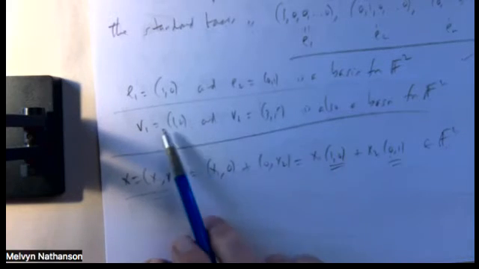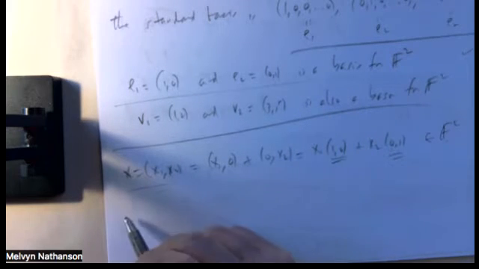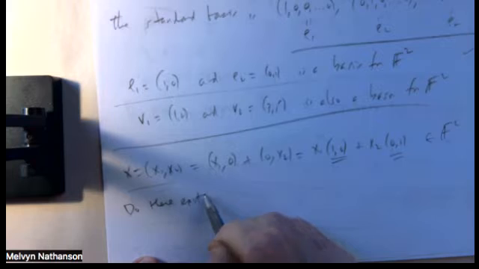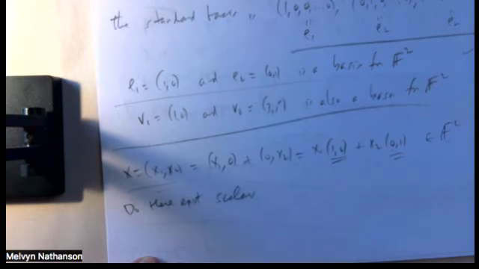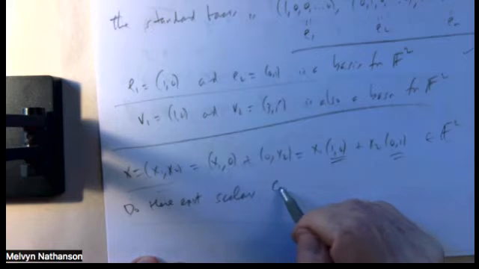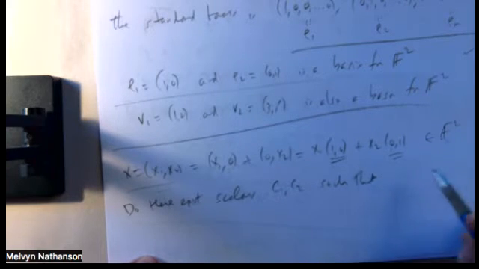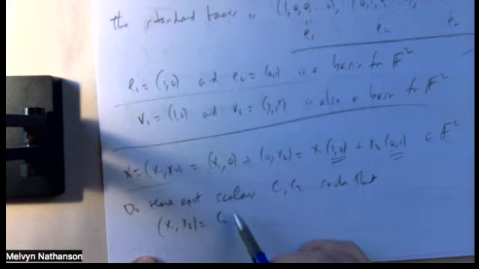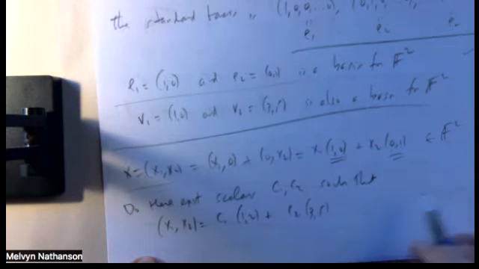What about this potential basis, (1, 2) and (3, 5)? The question is, do there exist scalars, I'll call them c1 and c2, such that an arbitrary vector (x1, x2) is c1 times the vector (1, 2) plus c2 times the vector (3, 5)?